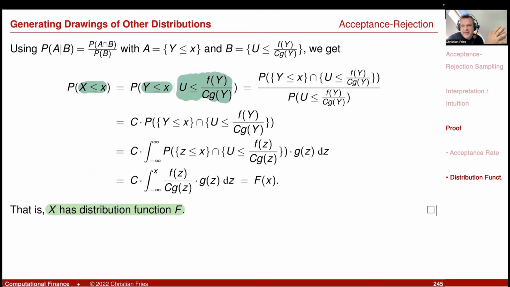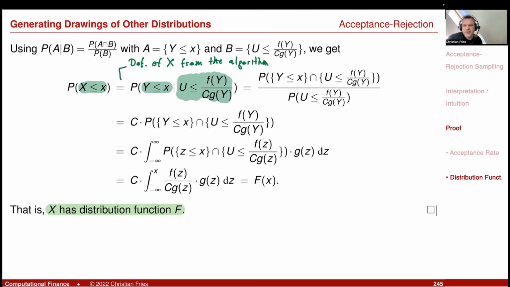So the probability that x is less or equal little x is the probability that y is less or equal x, because y is equal to x when I accept the point, under the condition that u is less or equal f of y divided by c times g of y. That's just the definition of x from the algorithm. That's just what we do.